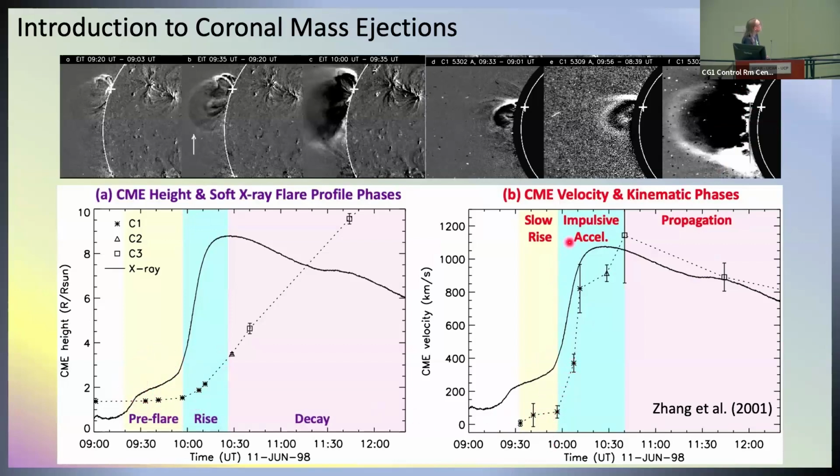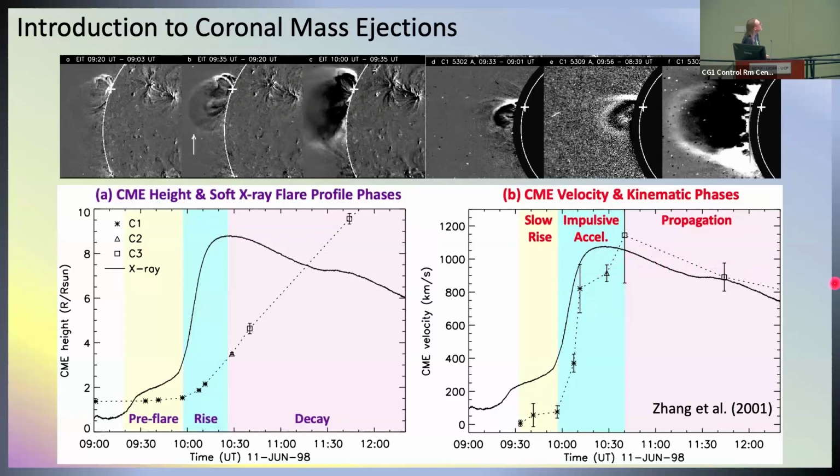Then there's what they call the impulsive acceleration phase, where the velocity goes up really quickly. You can see this is where the height turns the corner. So you go from slow rise to rapid acceleration, and our velocity goes from 10, 50, 100 kilometers a second up to like 1,000 kilometers a second.